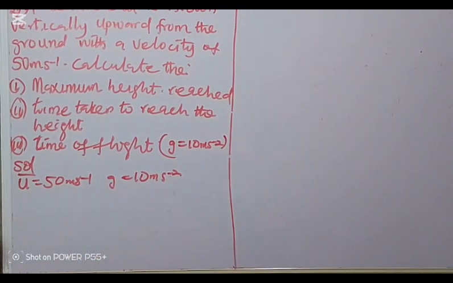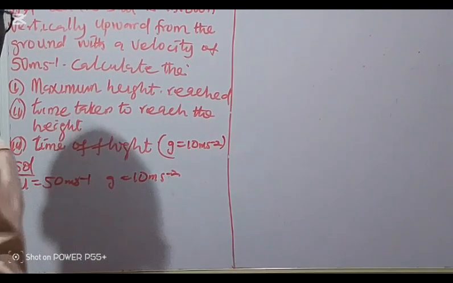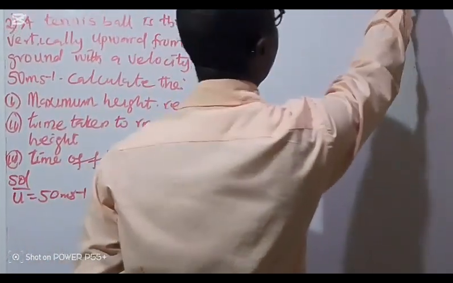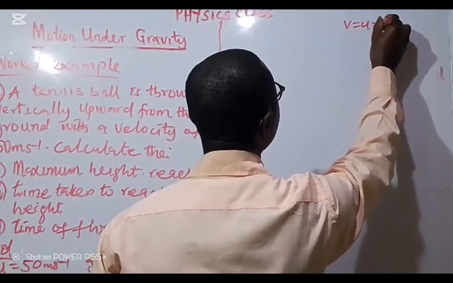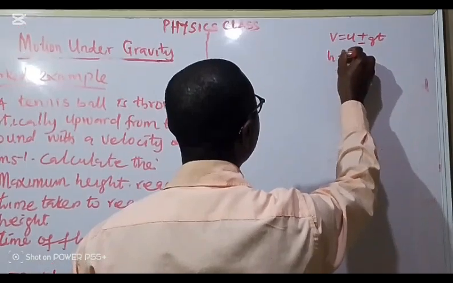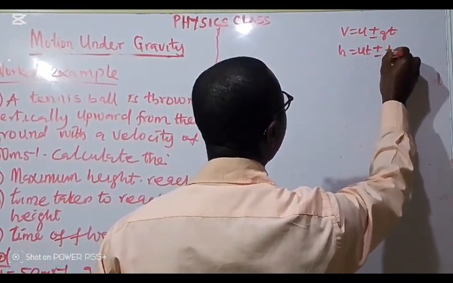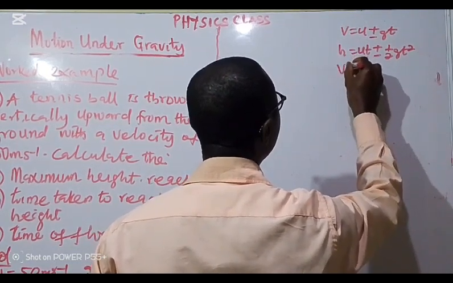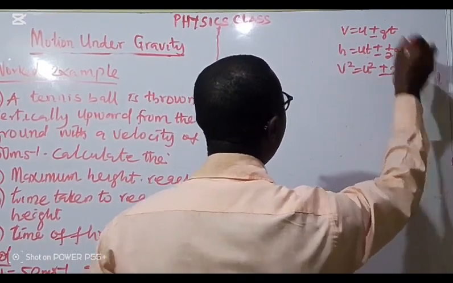Now the first question says to calculate maximum height. So don't forget our formulas. If you write the 3 formulas here: v is equal to u plus or minus gt. The second one, h is equal to ut plus or minus half gt squared. Then the third one, v squared is equal to u squared plus or minus 2gh.